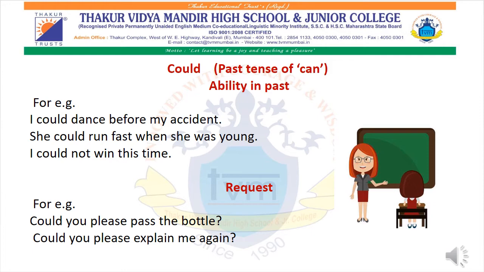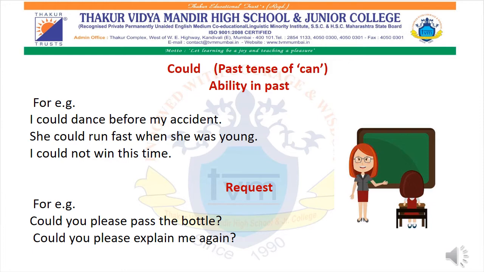So the word could is used to tell the ability of a particular person in the past, or it also tells if you want to request someone. With the examples you all will understand it properly.